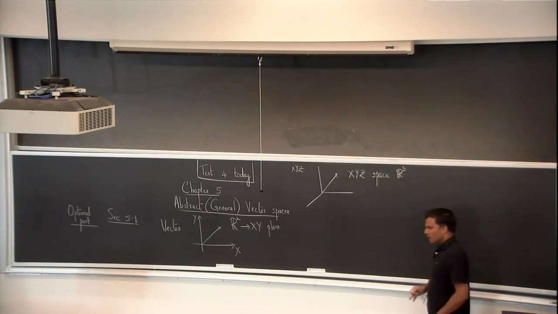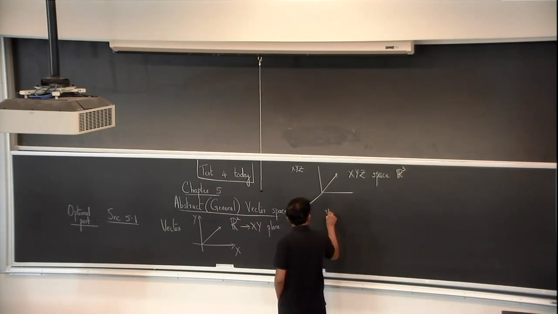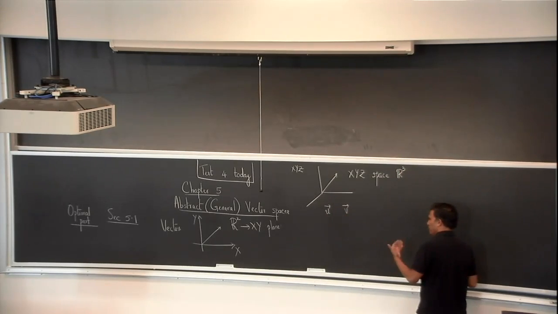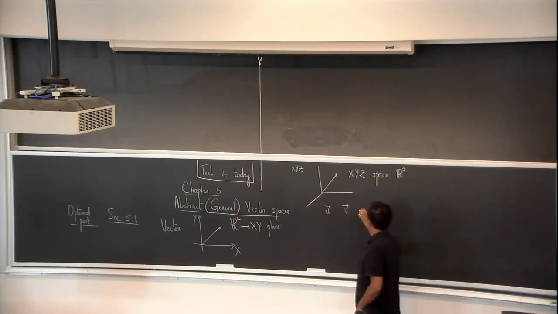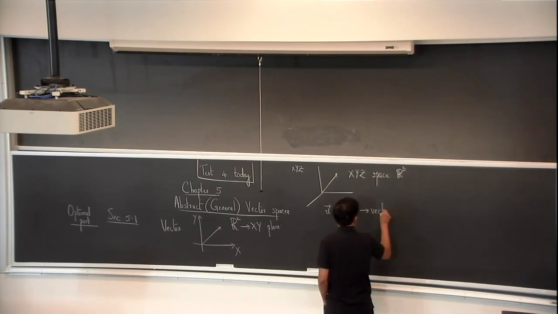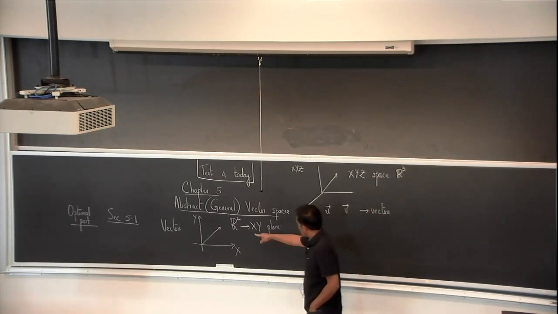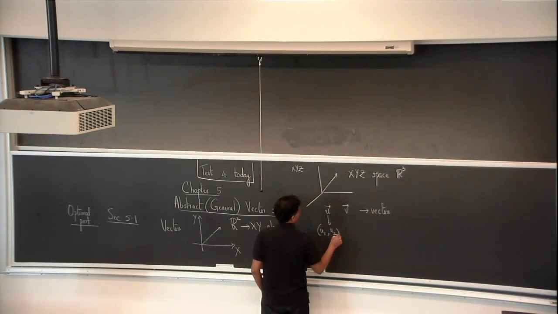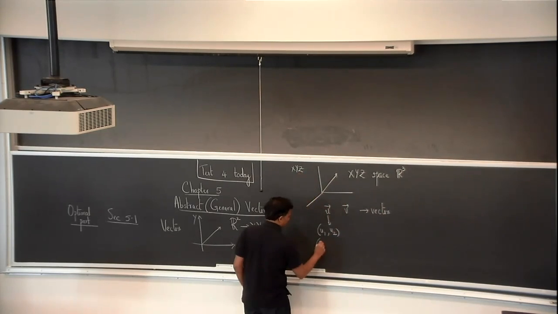All these things are vectors which we denote by lowercase letters with an arrow. If it is in R2, it will have 2 components, and if it is in R3, it will have 3 components.